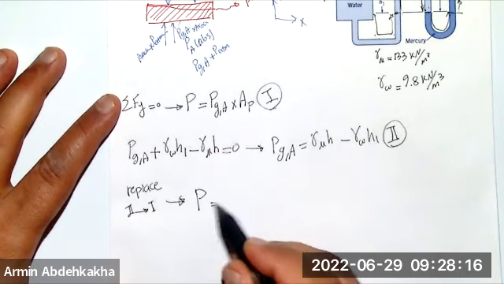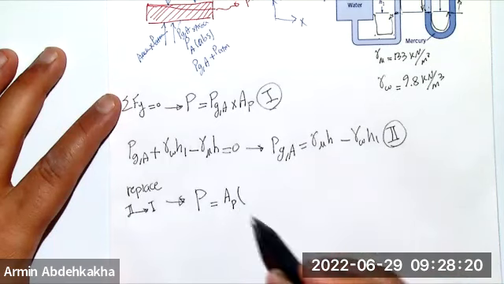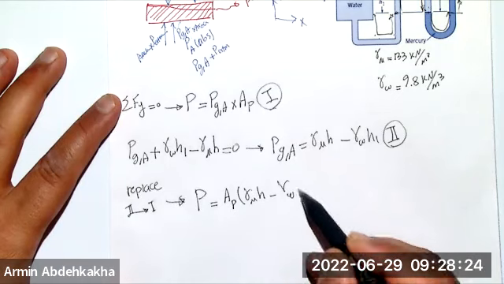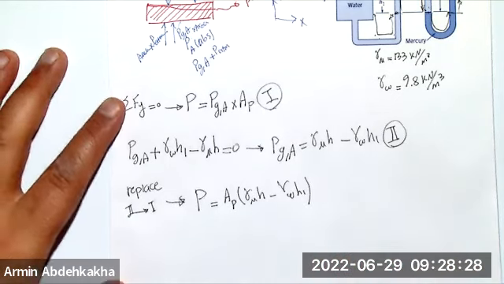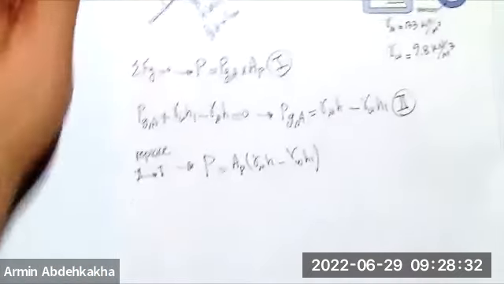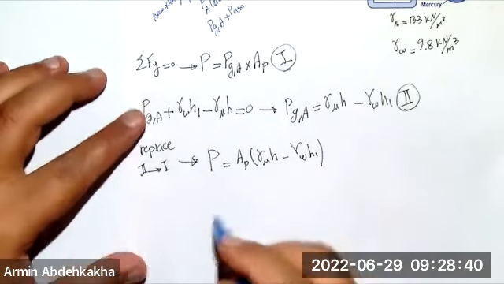Then P is going to be the area of the piston times gamma of mercury times H minus gamma of water times H1. Perfect. You'll find the answer based on the parameters that all are given, right? Only need to replace. Now it's time for replacing.